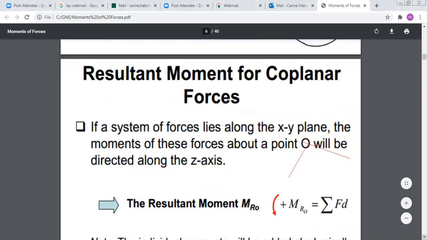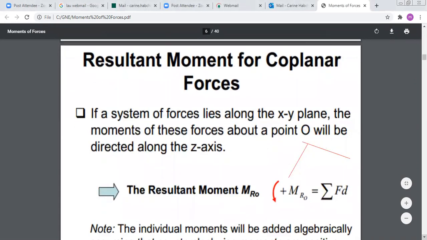Now, how to find the resultant moment for several forces in one plane? If you have a system of forces all in the XY plane, then you can be sure that the moments of these forces about a point O will always be directed along the axis, and as we said, it can be along plus K or minus K. So in this case, we define a positive convention for the moment, clockwise or counterclockwise.